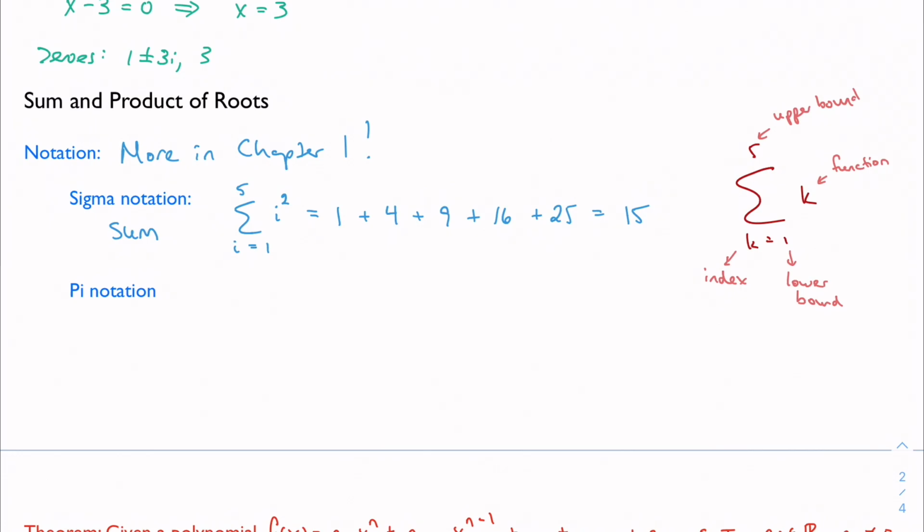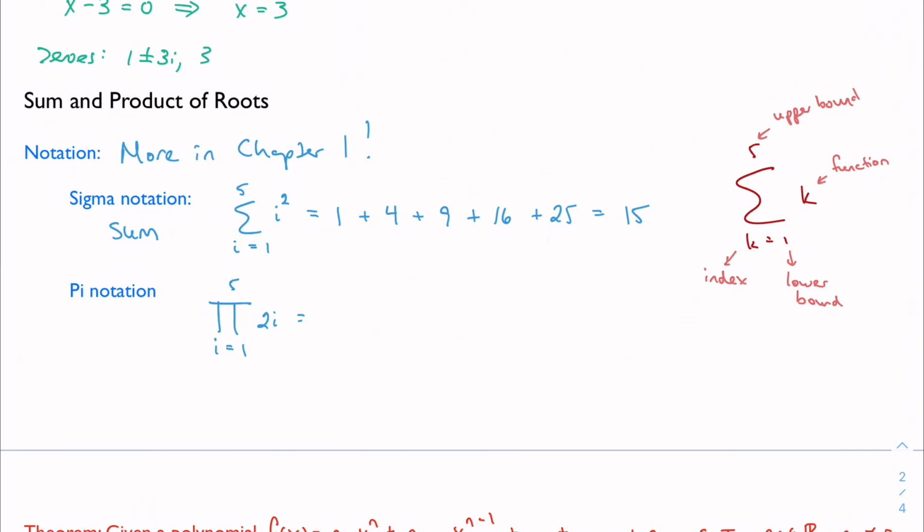Well, we also have the same type of thing for a product, and we use a capital letter pi for that, instead of the lowercase pi that we use for normal things with pi. So again, we'll do an example. Maybe I'll do 2i for my example this time.